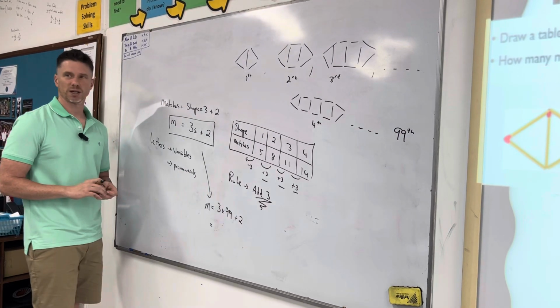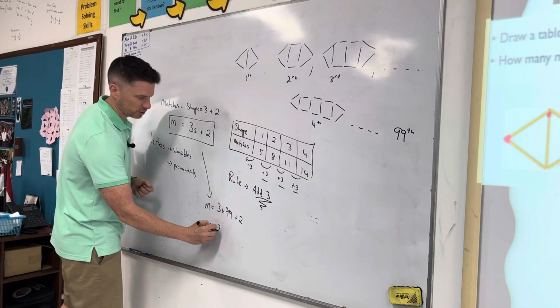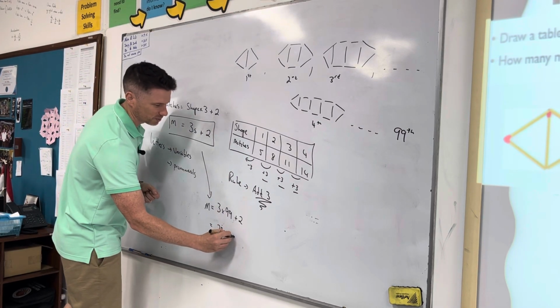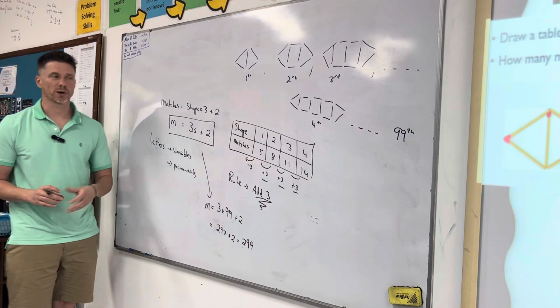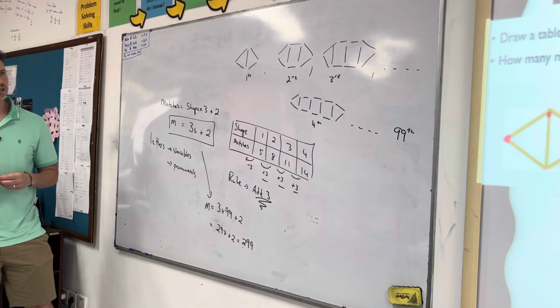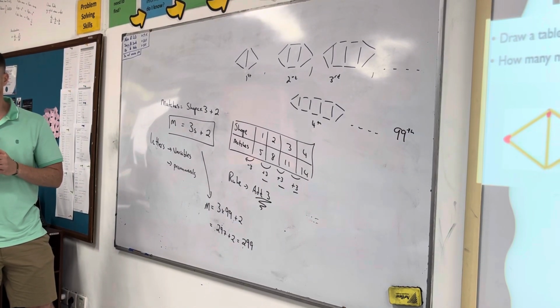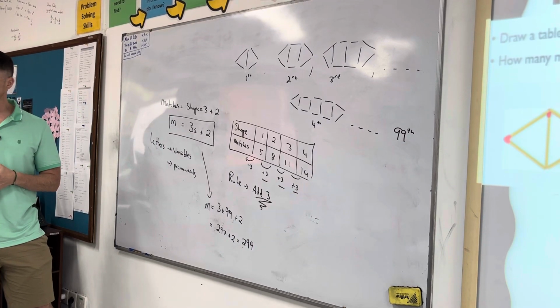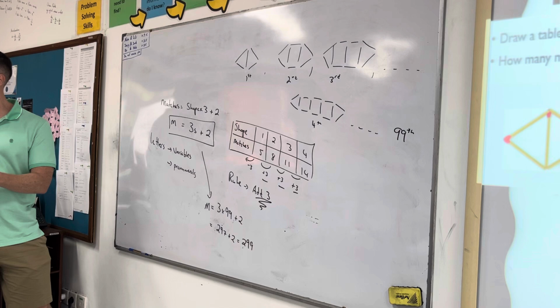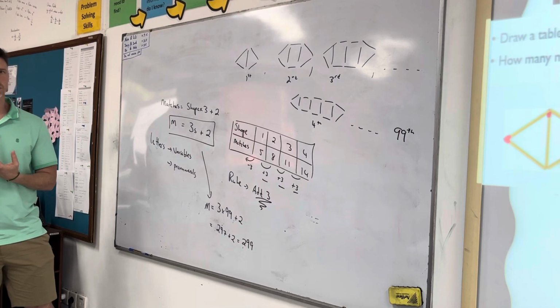So 3 times 99, we figured out yesterday, was 297, plus 2 is 299, so there'll be 299 matchsticks in the 99th shape without having to draw it. So that's what we did yesterday. Okay. We also looked at number patterns yesterday, just find the next term in the sequence and so on. That's what we're going to start with today.